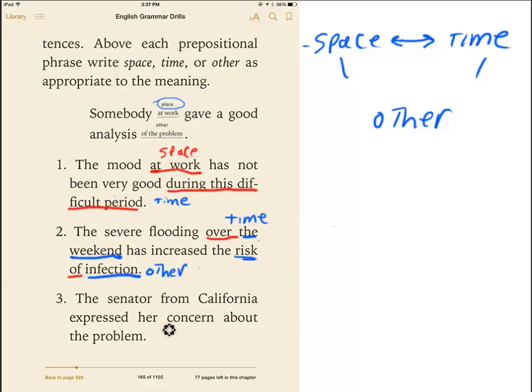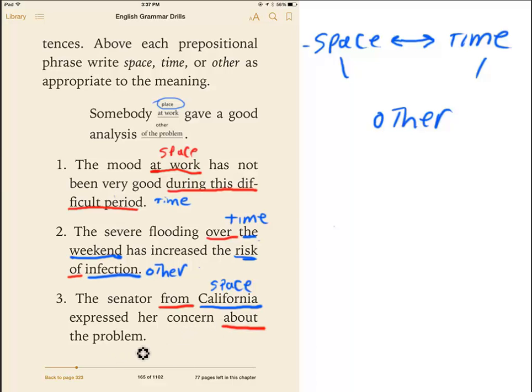The senator from California expressed her concern about the problem. Let me do the keywords for you. From is a preposition. About is a preposition. The object of the preposition is California. So the senator, which senator? The one from California. So that's an adjective. It tells me about space, the location. Expressed her concern. Her concern, what concern?